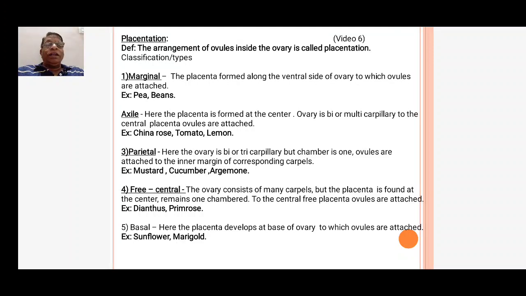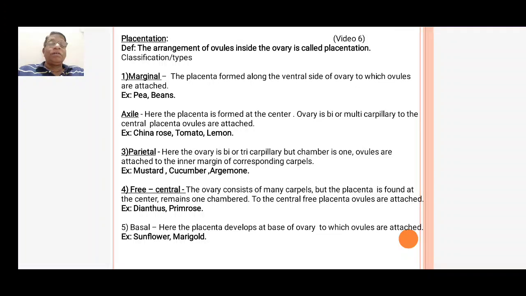Marginal placentation. Example, it is seen in pea. Pea means Pisum sativum, what we call in botany.